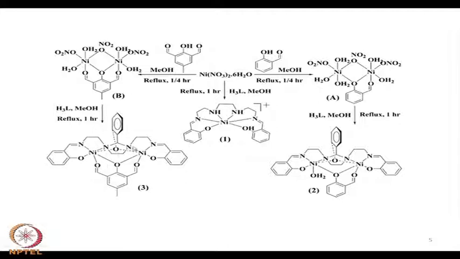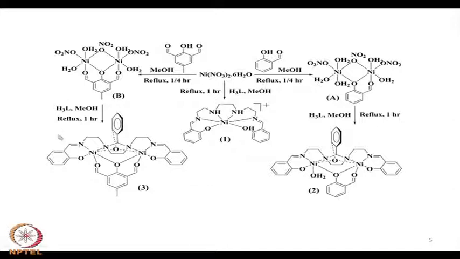Once you are able to make an imidazolidine ring on the adjacent nitrogen, you basically compartmentalize this hexadentate ligand into 2 parts. This is your backbone, like that of your pyrazole unit or phenol unit. The phenol unit attached to the imidazolidine ring can go for bridging to the nickel site.